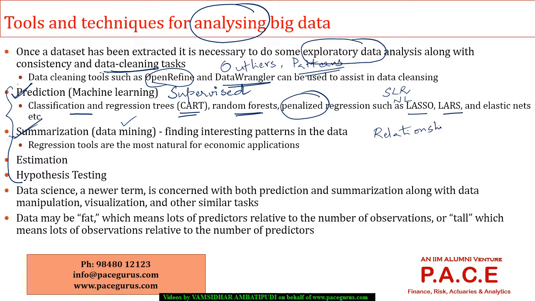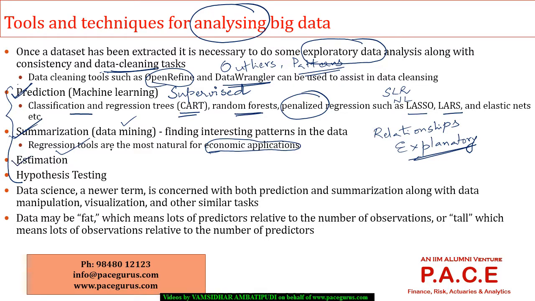Though there are various techniques, regression tools, especially in economic applications, are even today much more popular because they have good explanatory power. Compared to prediction, for explanatory purposes, regression tools are much more popular. So I can very well use them for summarization purposes.